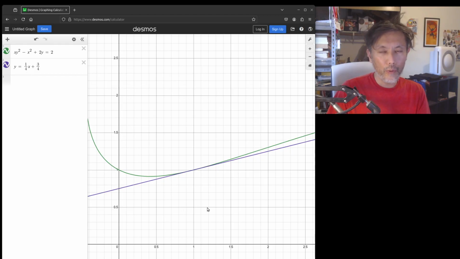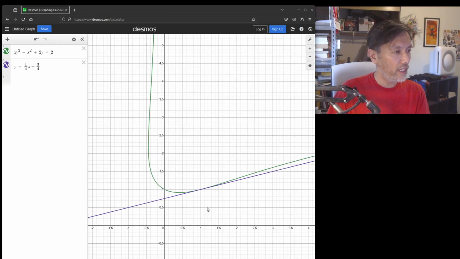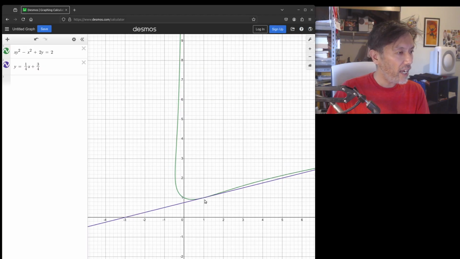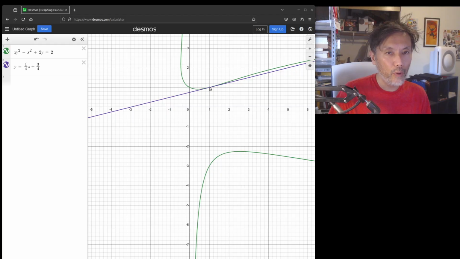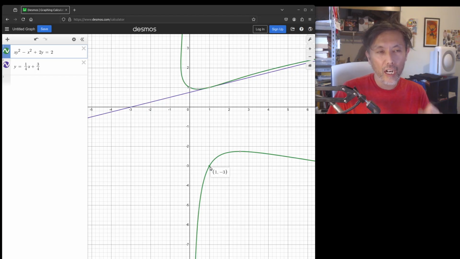The problem with that is, if we zoom out a little bit more, there are actually two different points whose x coordinate is 1. There's also this point down here, 1 comma negative 3. That's a different point altogether, whose x coordinate is still 1.